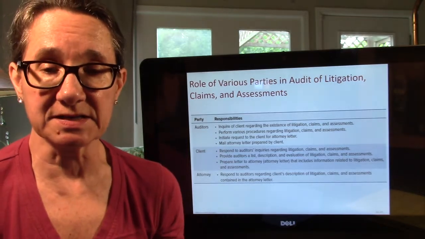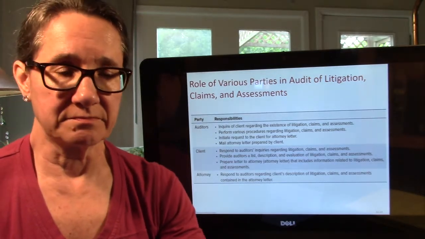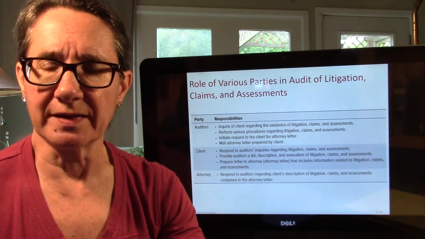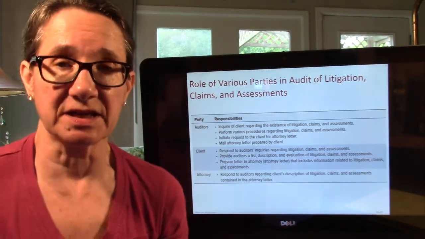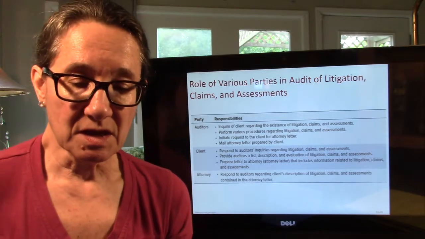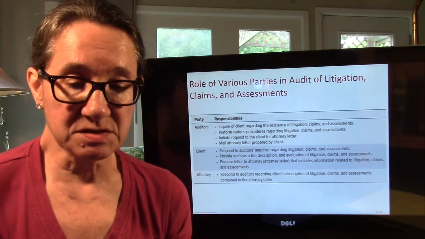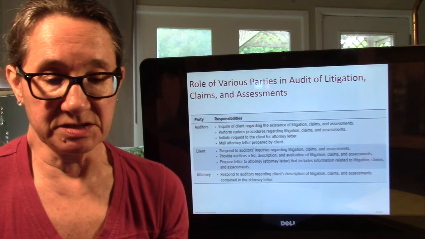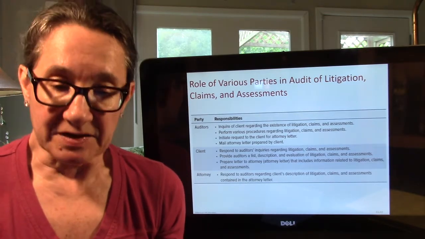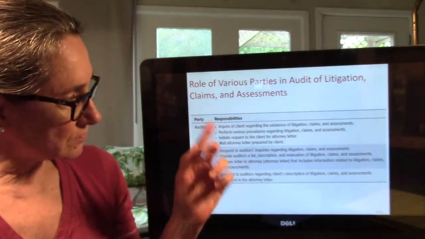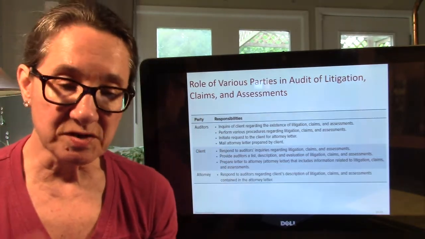If the lawyer writes back and says, oh, the client's sure to win, they won't owe anything. Great, nothing has to happen. It's not a contingent liability. If it's likely they're going to lose, then it might be a contingent liability. That's what you figure out. All right, so whose duty is it in this?